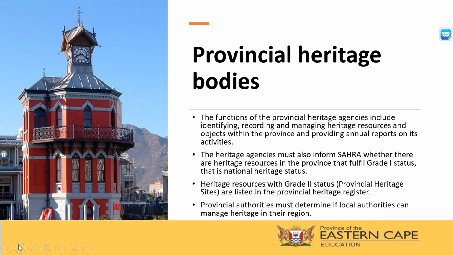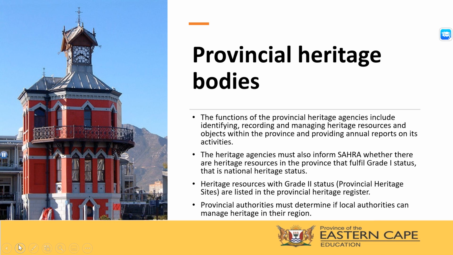Now, if we continue taking a look at the provincial heritage bodies, you will see on your screen at the moment the functions of the provincial heritage agencies include identifying, recording, and managing heritage resources and objects within the province and providing annual reports on its activities. So that provincial heritage body, remember we've had a look at the function of the South African Heritage Resources Agency.